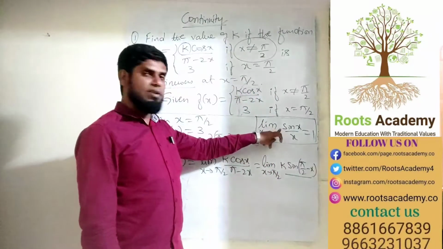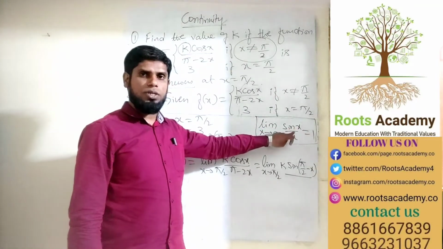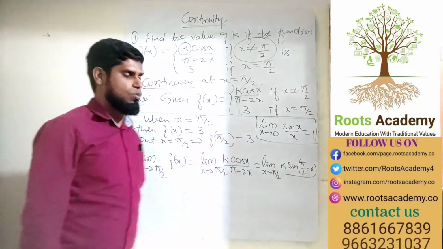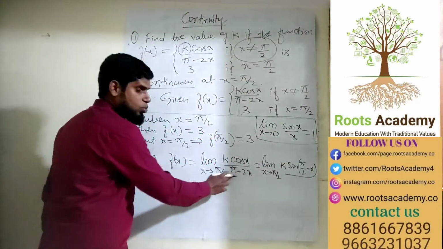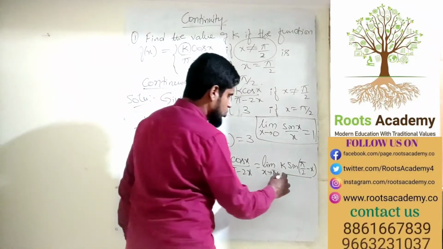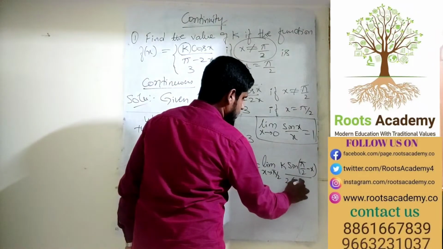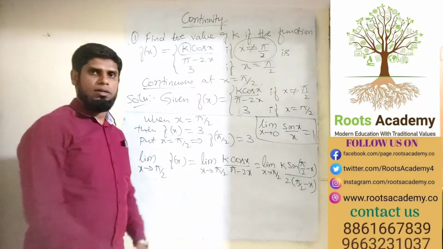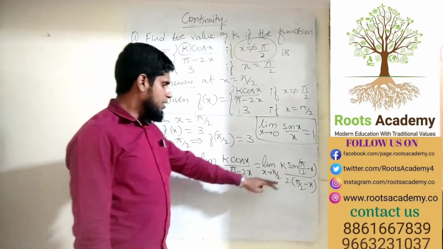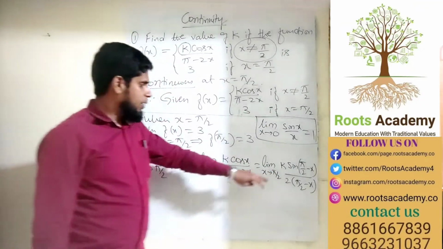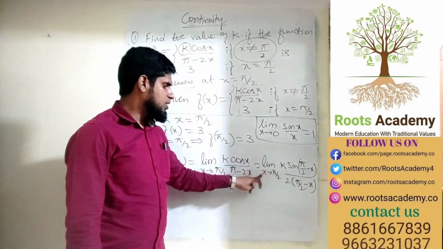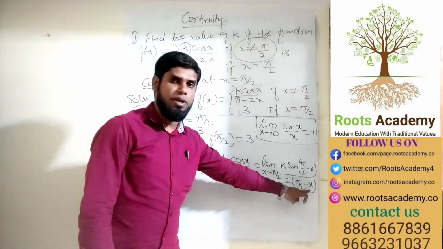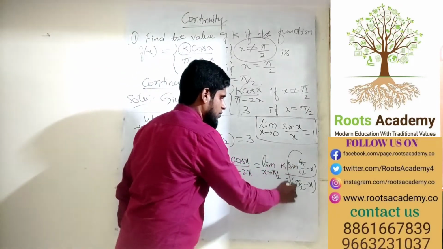Now students, in the sandwich theorem, whatever angle comes in the sine, if the same angle comes in the denominator, then the value is 1. So here I will take 2 common outside the bracket in the denominator, then it becomes pi by 2 minus x. So when limit x tends to pi by 2, sin of pi by 2 minus x divided by pi by 2 minus x is 1.